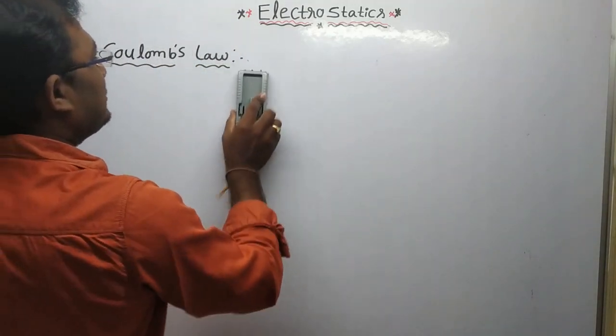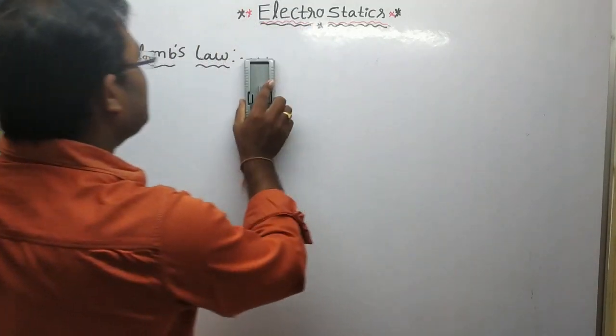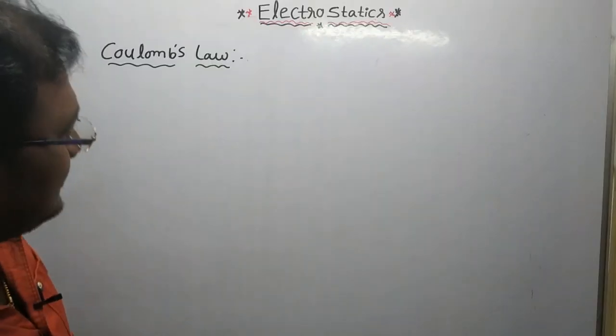The magnitude of the electrostatic force is given by a scientist known as Coulomb.